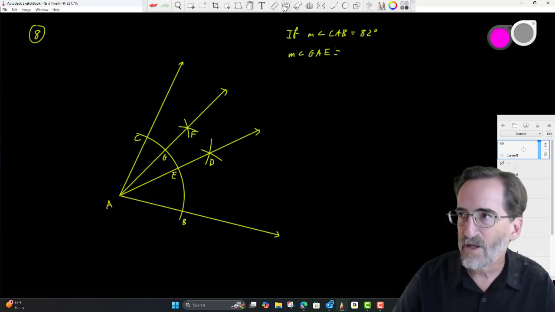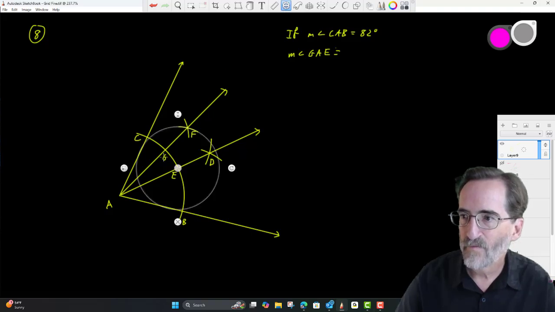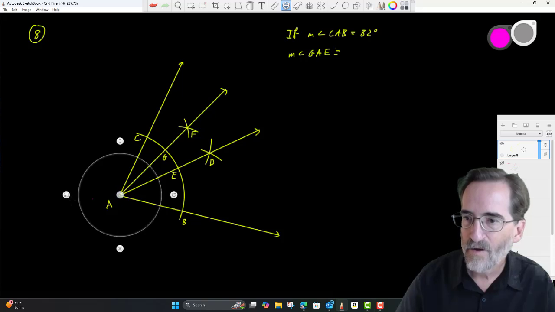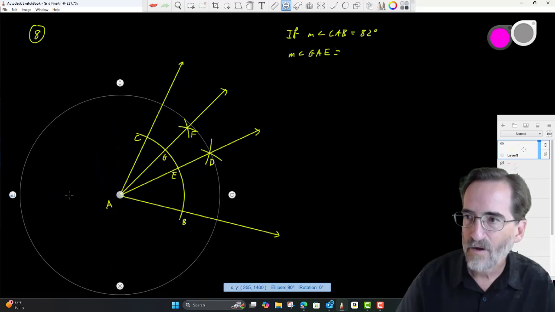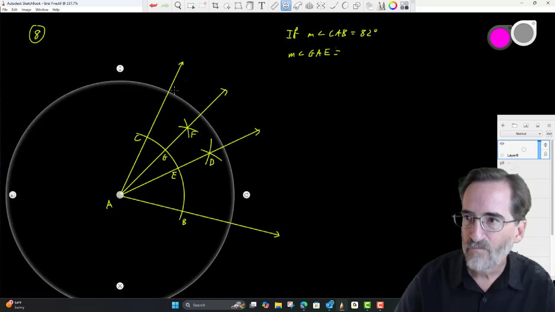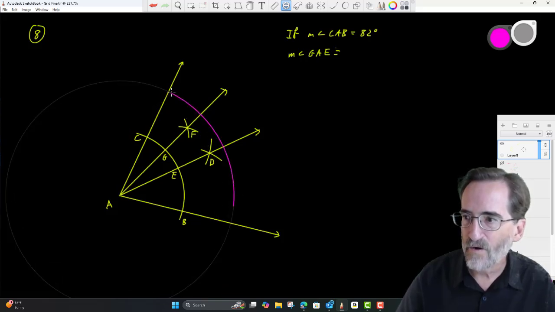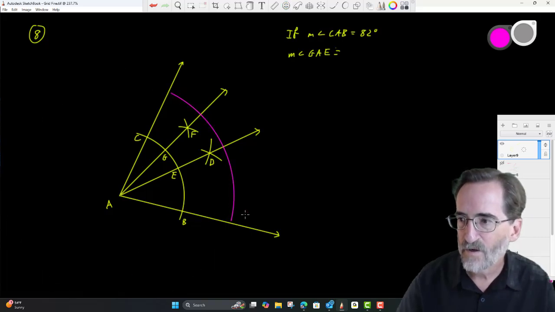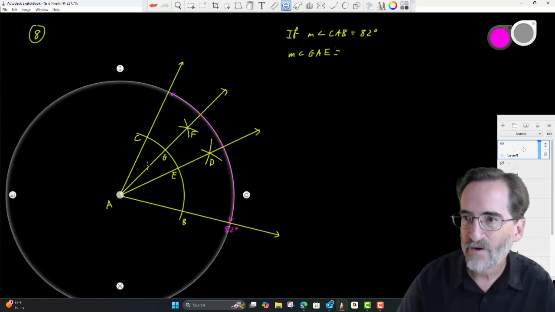So the big angle right here is 82 degrees. When we bisected that, we split that in half.